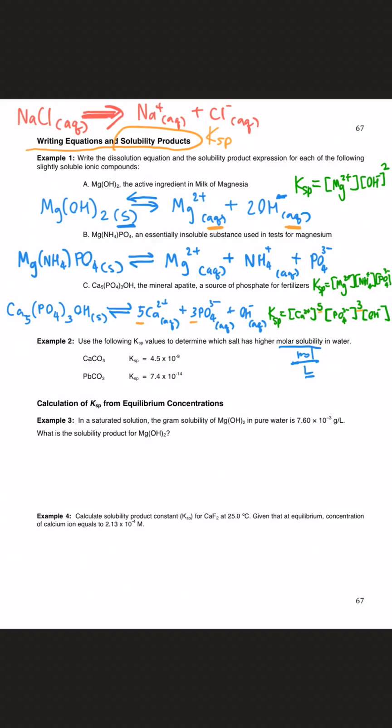Now, as I mentioned before, the Ksp value tells us the extent of the solute, how much solute dissolves in the water. If you compare the Ksp of calcium carbonate and the Ksp of lead carbonate, we can see that the Ksp of calcium carbonate is higher than the Ksp of lead carbonate.